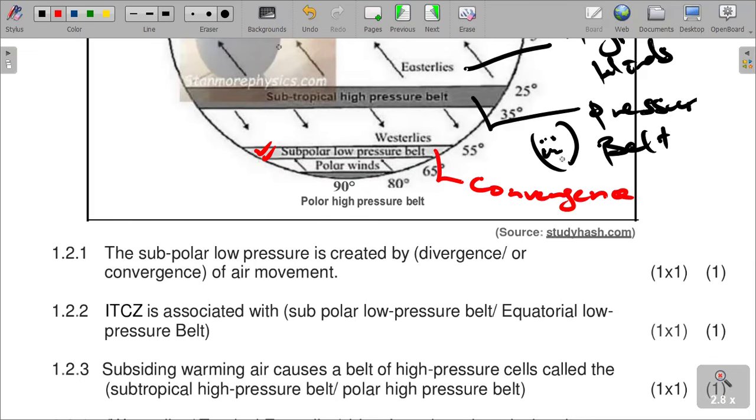What is converging here? As you can see, we have got the westerlies and the polar winds that are moving towards each other almost at 55, between 55 and 65 degrees latitudes. Convergence of the westerlies and the polar winds.